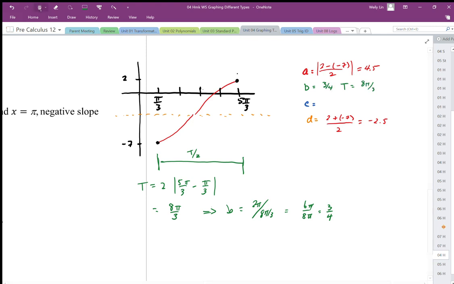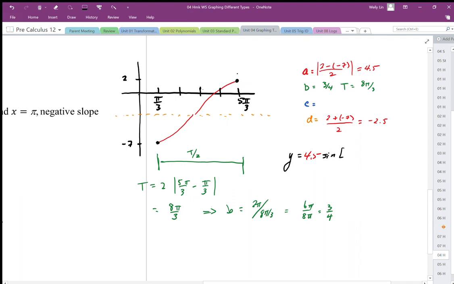So I'm just going to write the equation so far. Y equals the A value of 4.5. This is going to be a sine function, so we end up with sine.